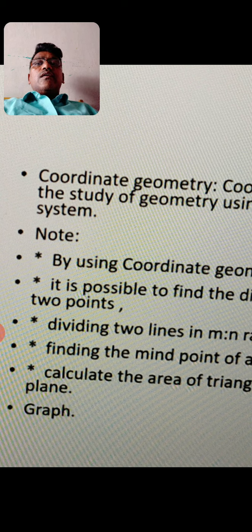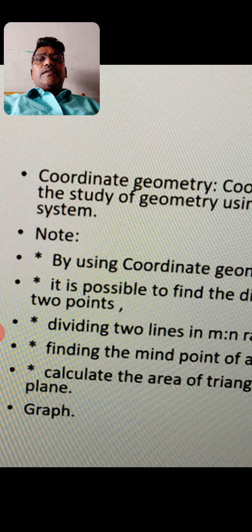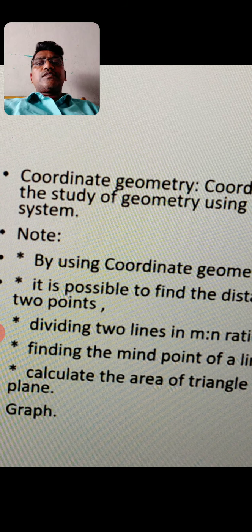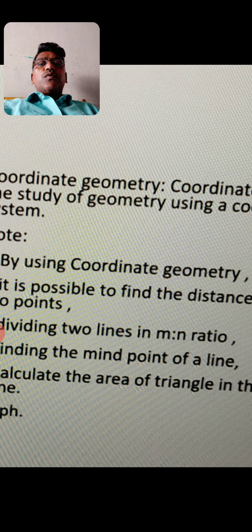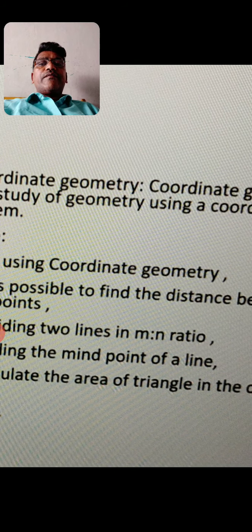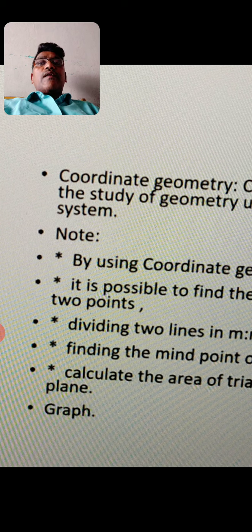Okay, here what is the importance of this chapter other than the third chapter? Here I have given what the use of the chapter is, and I will explain it point by point. Here I have given it as a note. See, first one, by using coordinate geometry it is possible to find the distance between 2 points. After plotting the points on the graph also we can find the distance between 2 points.